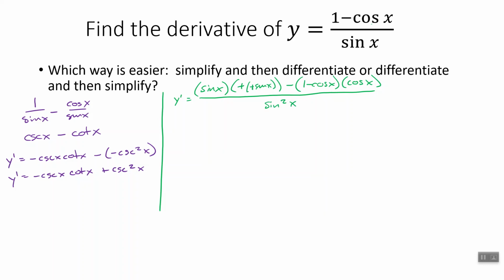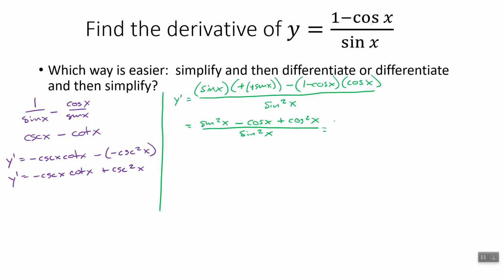All right, and now we can simplify. Let's see, those two will cancel. Those negatives will cancel. We're going to get sine squared minus, we're going to have a 1 times cosine, so minus a cosine of x, minus negative cosine times cosine, so we're going to have plus cosine squared all over sine squared. All right, so let's see. We've got a sine squared and a cosine squared.